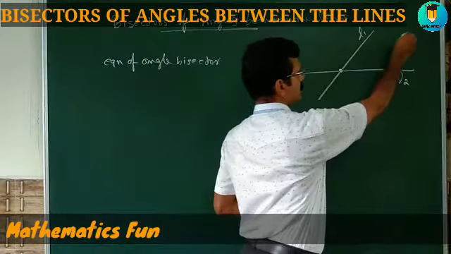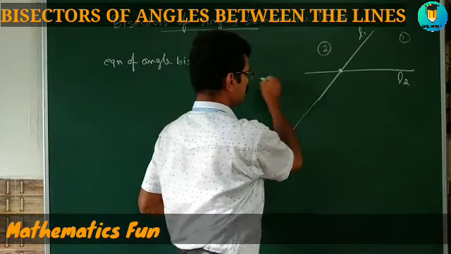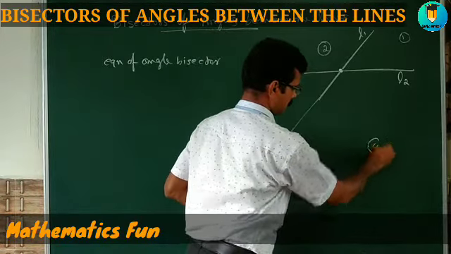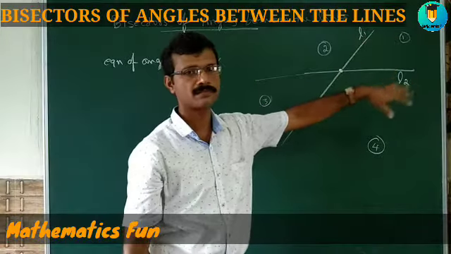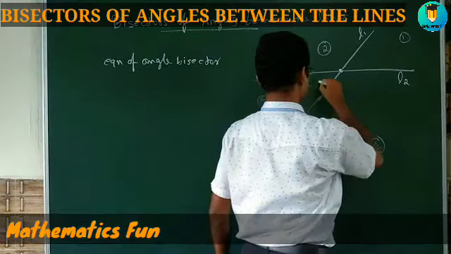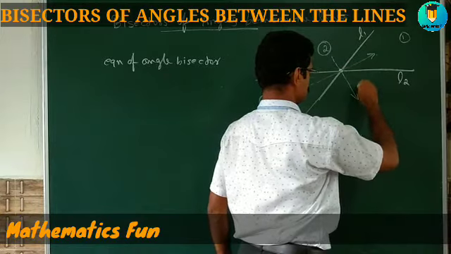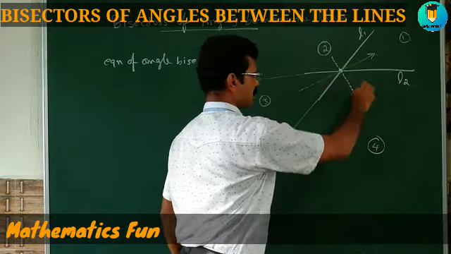This is one part, this is the second part, here if you produce it, this is the third part, and this is the fourth part. The whole plane is divided into 4 parts. Now here, this is one angle bisector, and here is another angle bisector. I made 2 angle bisectors.